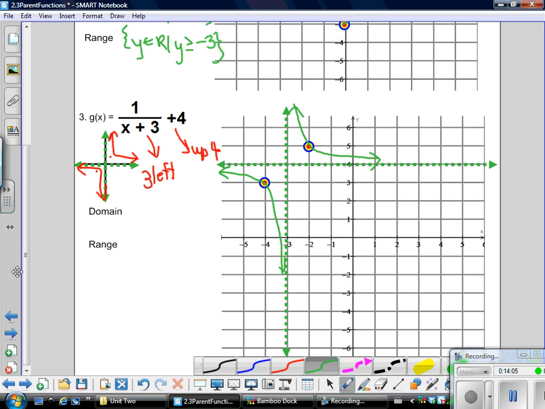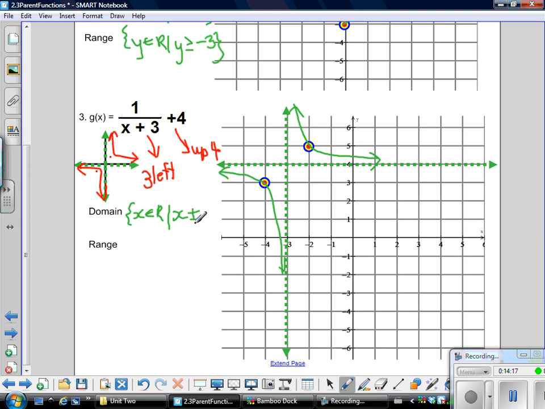So we have x is an element of real numbers such that x cannot equal -3. And we have y is an element of real numbers, and y cannot equal +4. Okay, you can do some tomorrow in class.